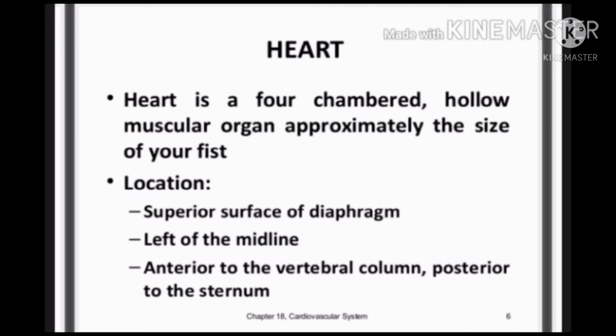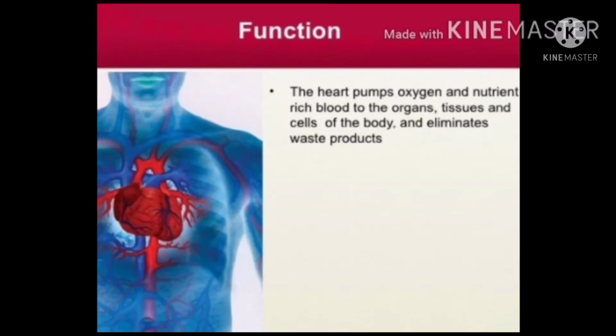The main purpose of the heart is to pump blood around the body. The heart pumps oxygen and nutrient rich blood to the organs, tissues and cells of the body and eliminates the waste products which are present in our body so that we do not get sick.